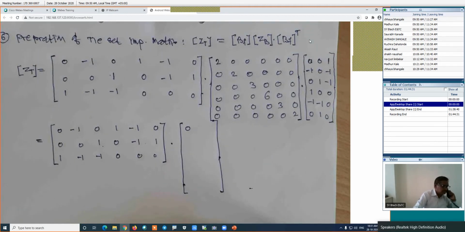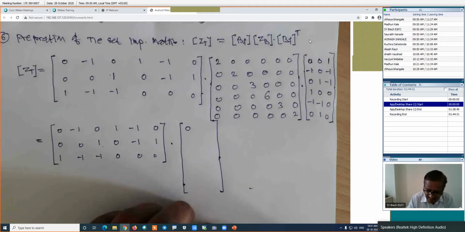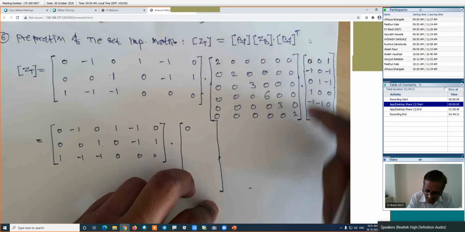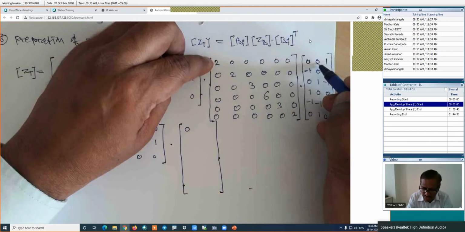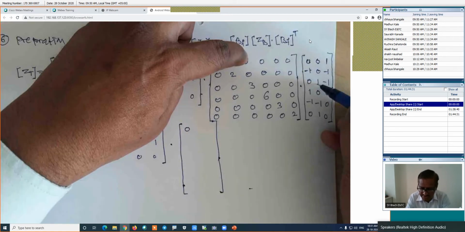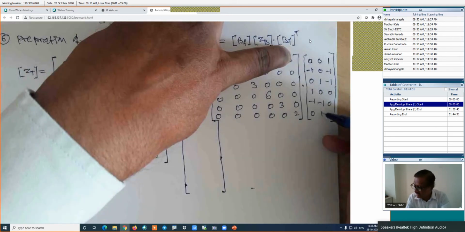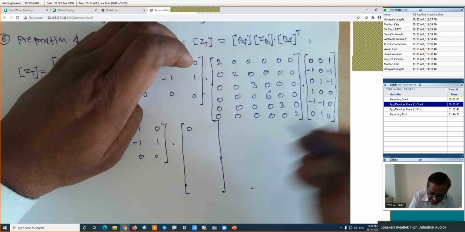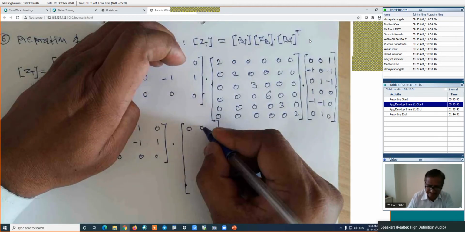Now in this case, first row, second column. This is 2 into 0 is 0, plus 0 plus 0 plus 0. How is the second element? This second element is also 0.